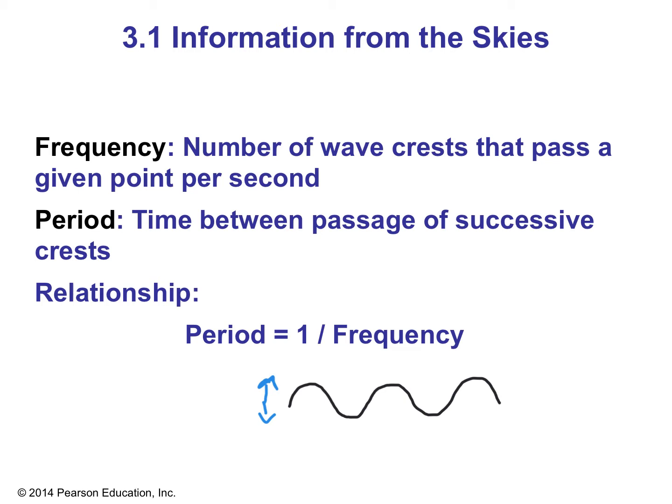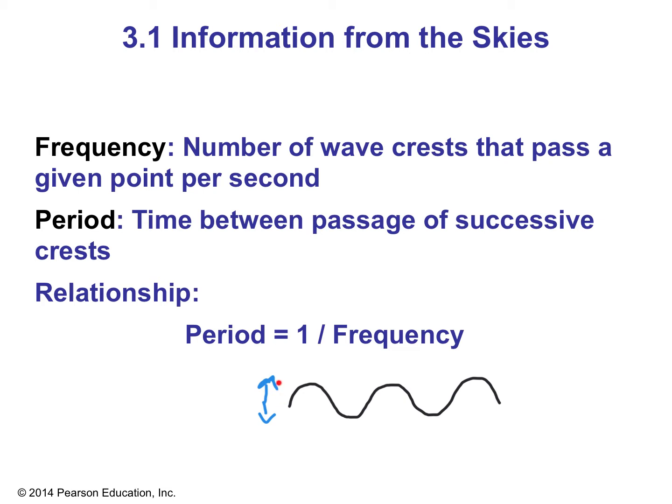Now, I think there might be an easier way to understand that, because instead of thinking like the water waves, if I think of the rope that we talked about earlier that we're shaking up and down to send a wave down the rope, the frequency is how many times you shake the rope up and down. So if I grab the rope and I pull it up and then I shake it down and up, that would be one complete shake.